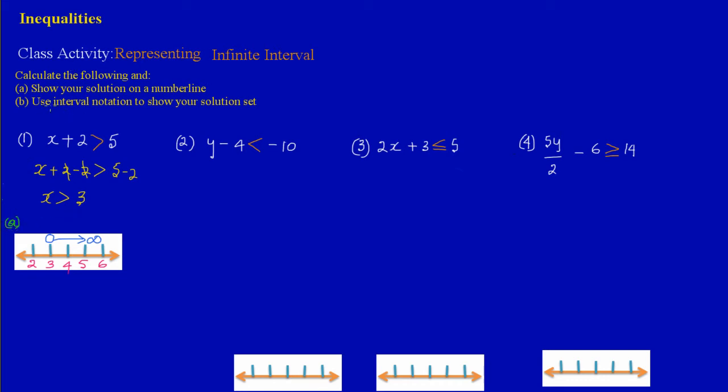Now we could be asked to write this information also in interval notation. So part B now, I'm going to represent it in interval notation.